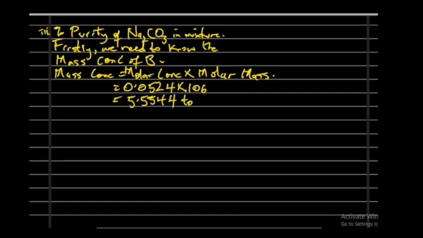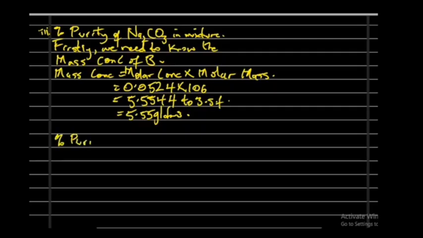To 3 significant figures, it is giving us 5.55 grams per dm cube. So from this now, we are now to look at calculating the percentage purity proper.